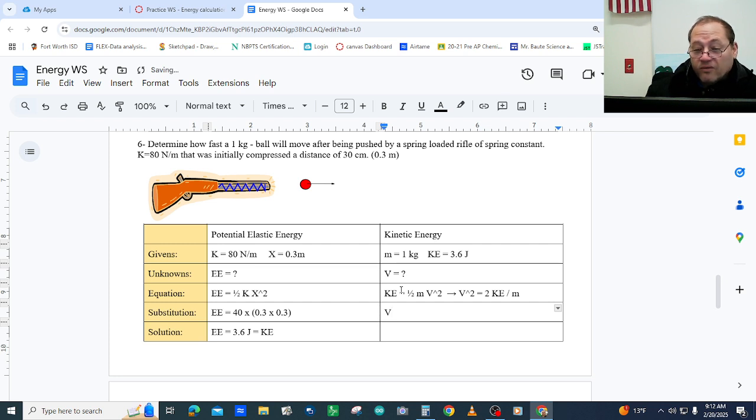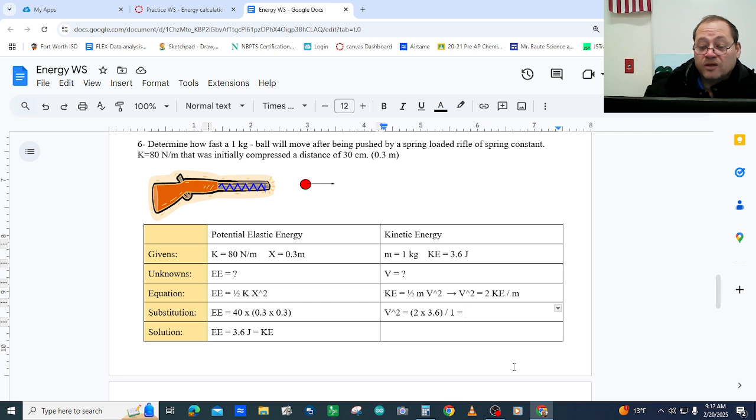So v squared is 2 times 3.6, all that divided by 1, and whatever we get will be the square of the velocity.